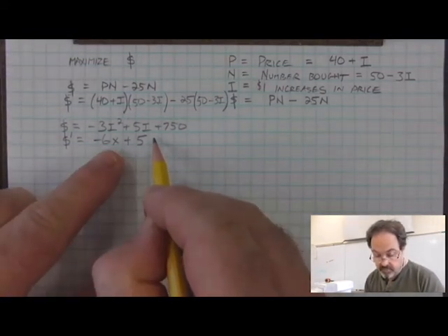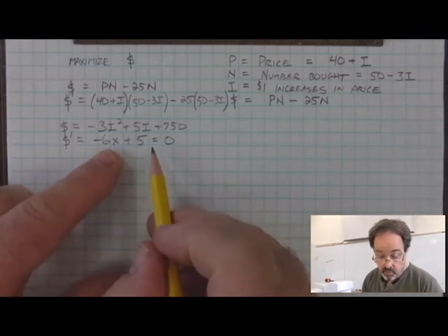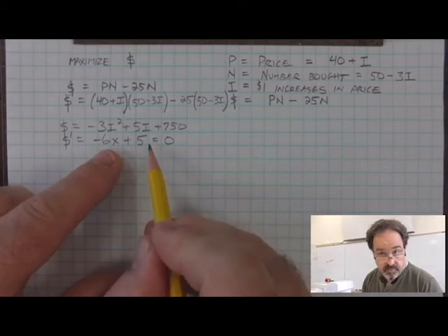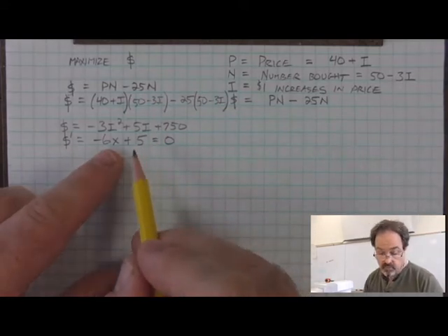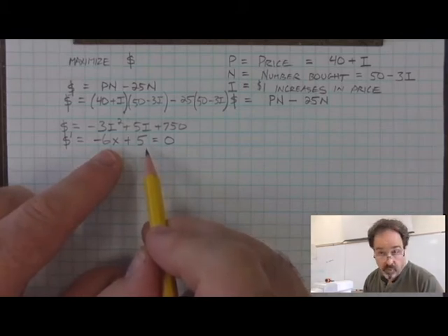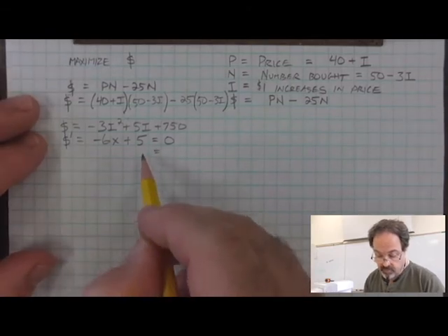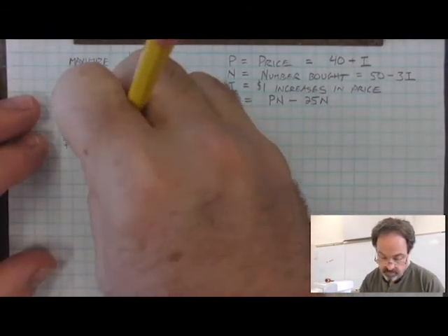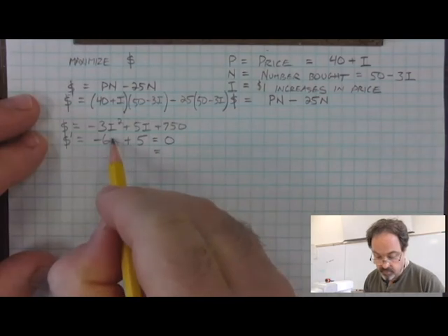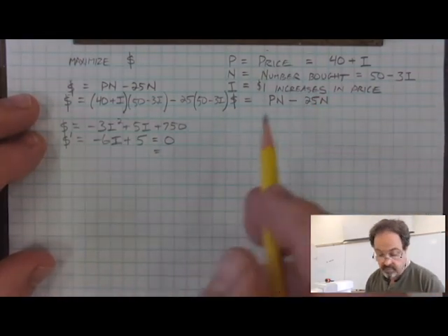If I set the first derivative equal to 0, then I'm looking for zero slope tangent lines, which will be critical points that can be tested to be maximums or minimums or inflection points. I'm looking and hoping for a maximum. Solving for not x, as this is a contextual problem in which my variable was I. I stands for price increases.